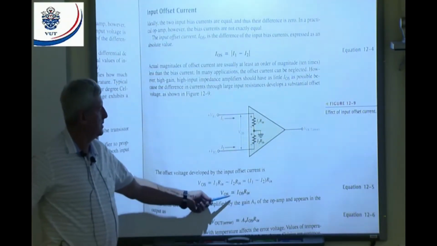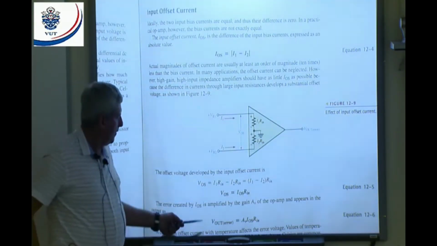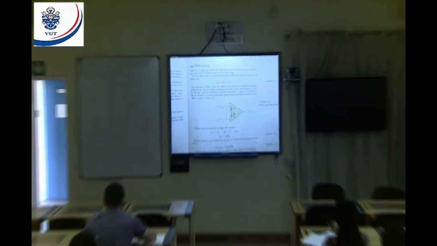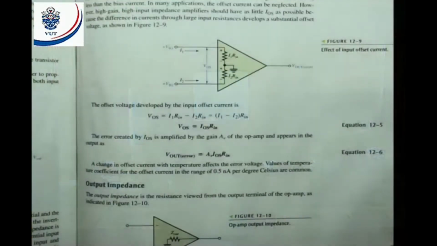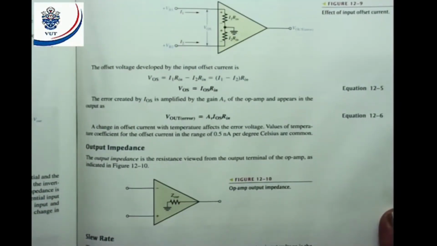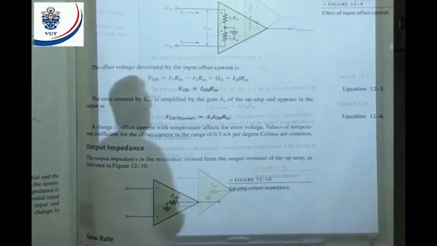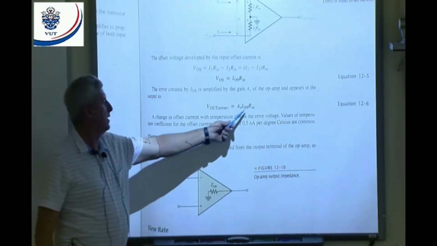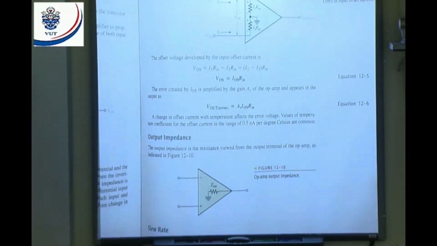Then I can say VOS is equal to IOS times Rin. The output error voltage will be the voltage gain times that VOS, and VOS is IOS times Rin. That will give me my output error voltage.